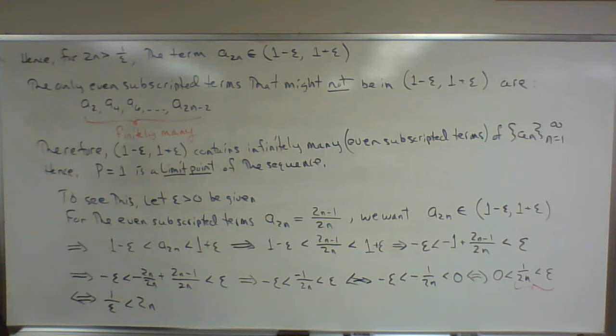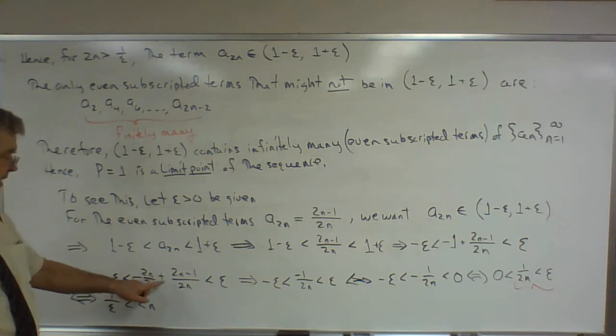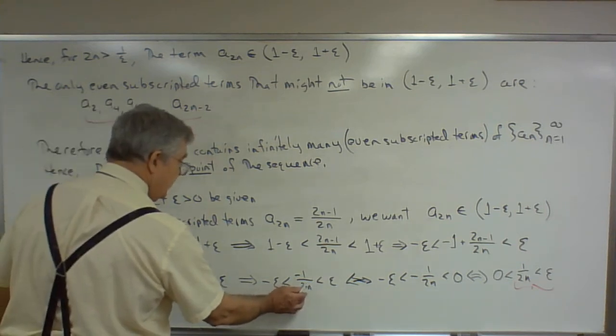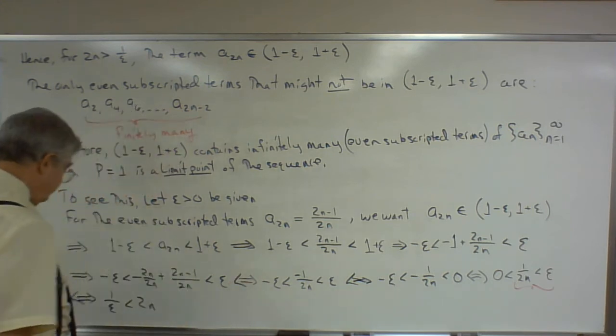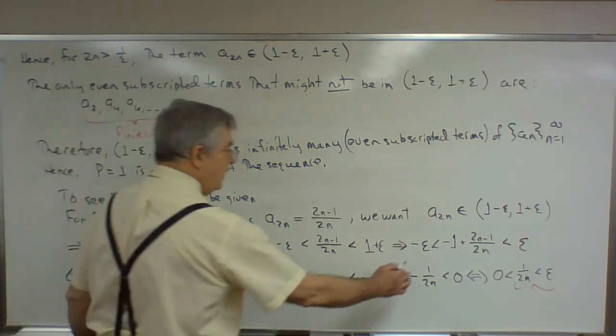And then what can I reason from there? I can reason that -2n over 2n plus 2n minus 1 over 2n is the same as -1 over 2n. And then I can take this inequality and replace -2n over 2n with -1.